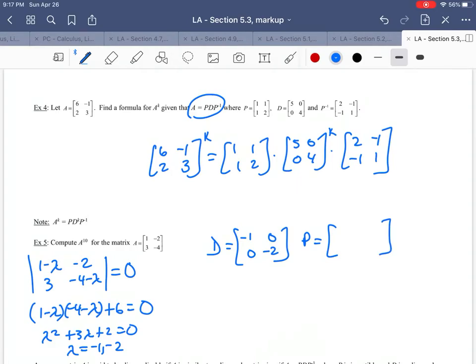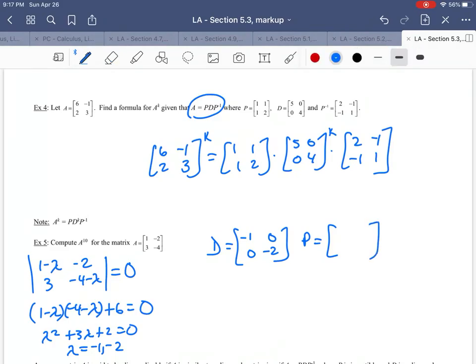So the eigenvector for -1 turns out to be 1, 1. Let me see if I have it in the right order. Let me see. Yep, it's 1, 1. I'm sorry, for -1. Yeah. I had it in a different order on my paper.